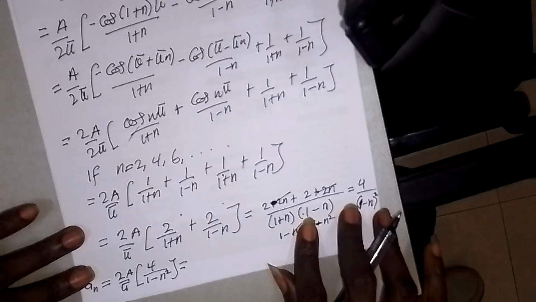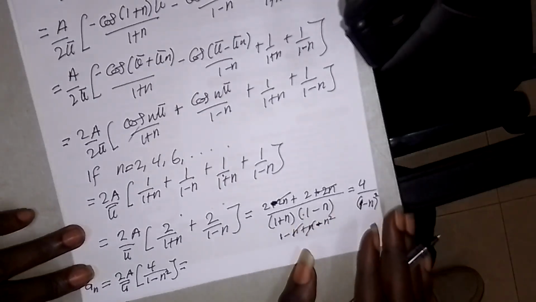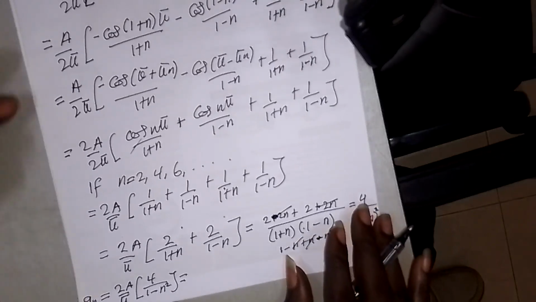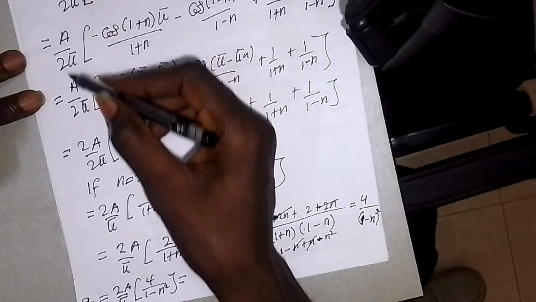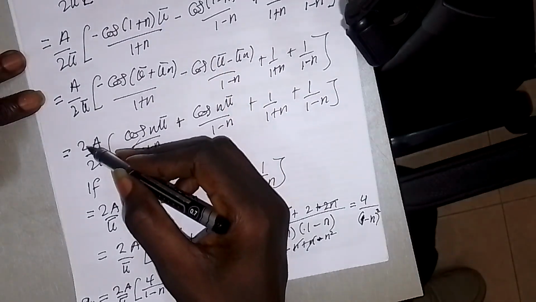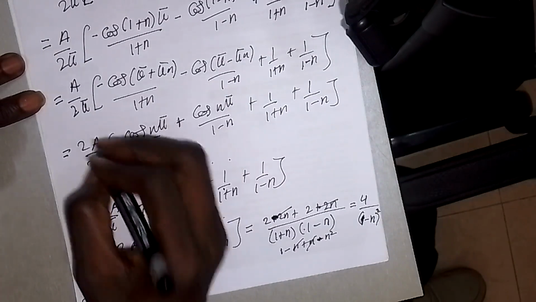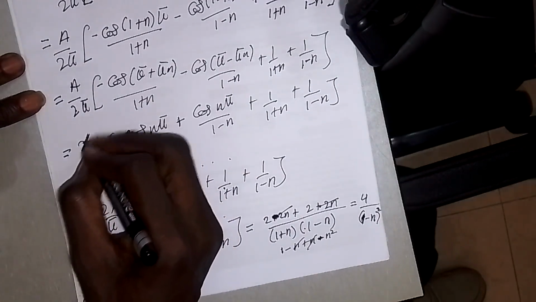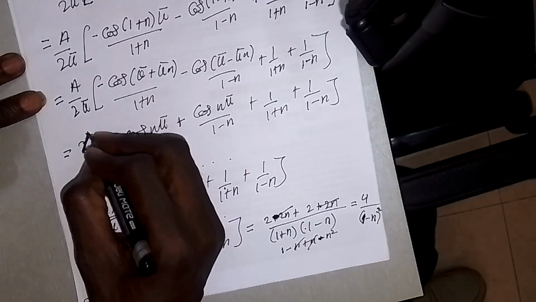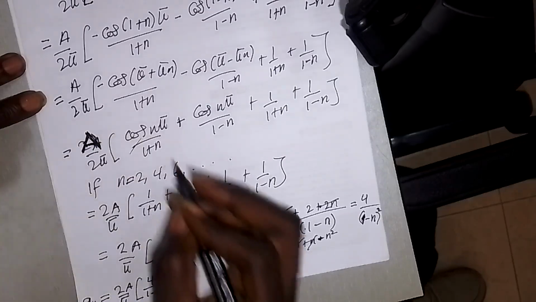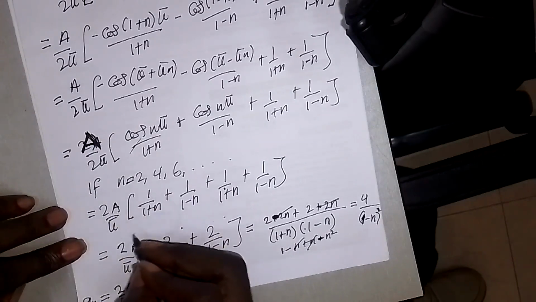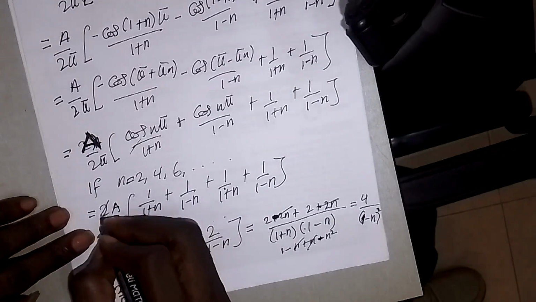Please, we have made a slight mistake. You realize that when we were coming, this place was a on 2 pi. So here it's not supposed to be 2a. It's supposed to be a on 2 pi.